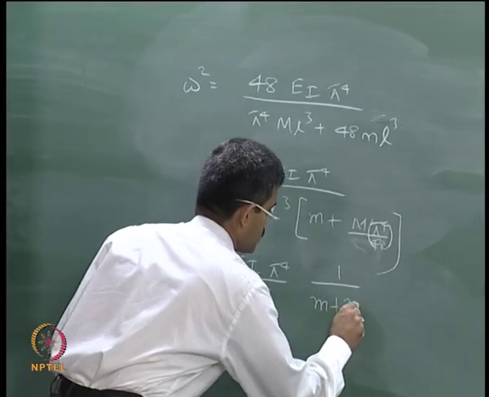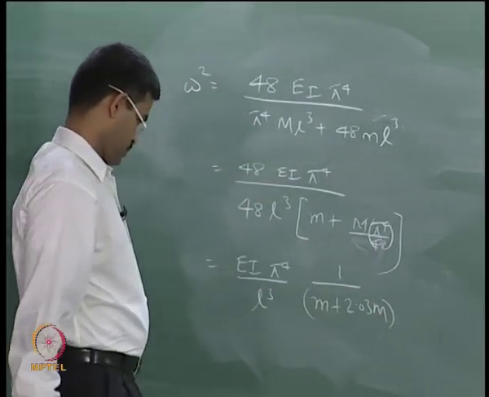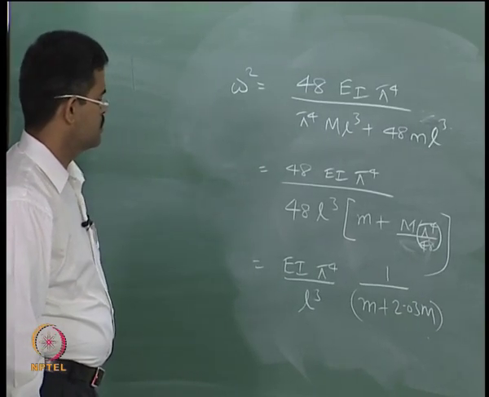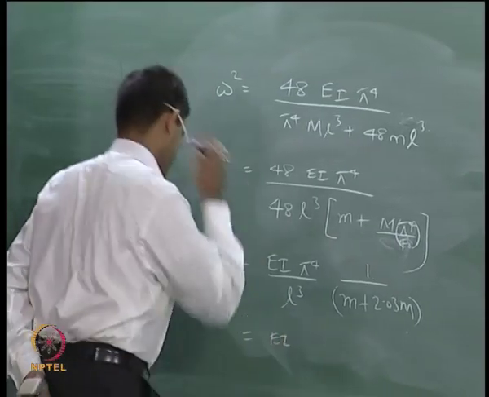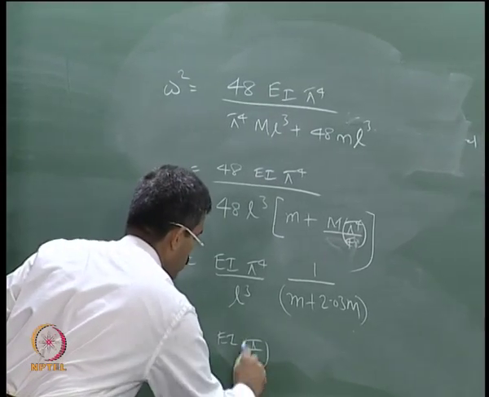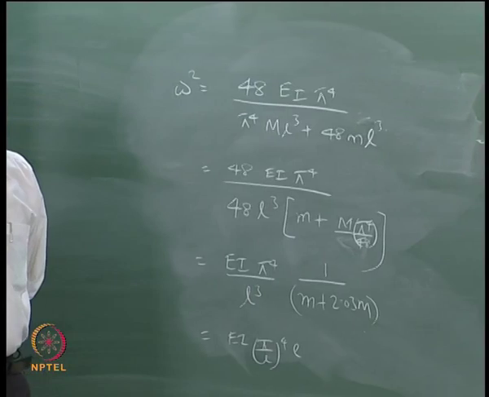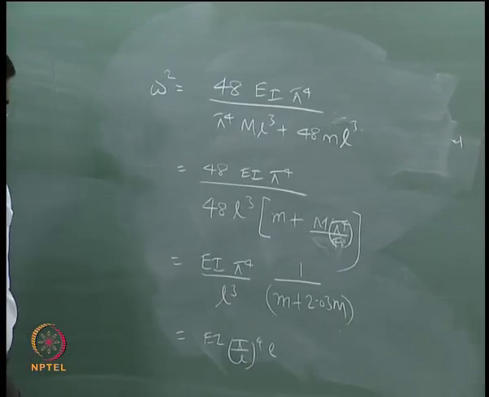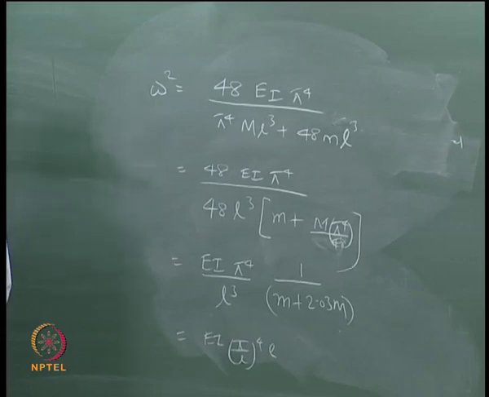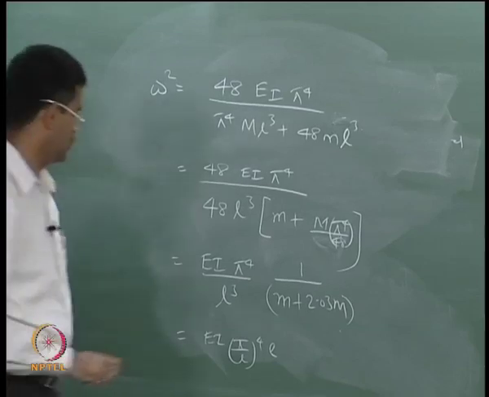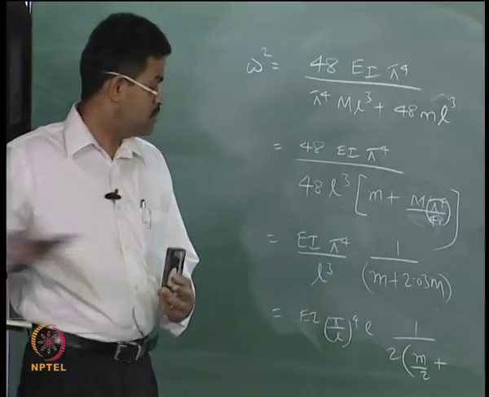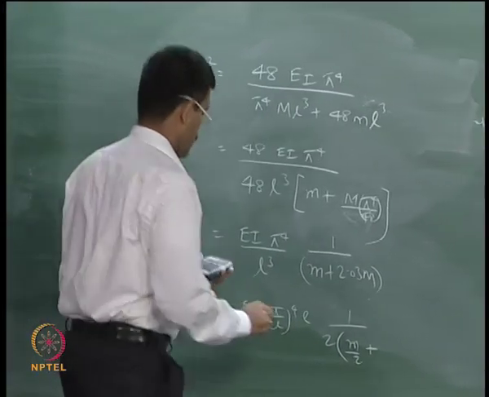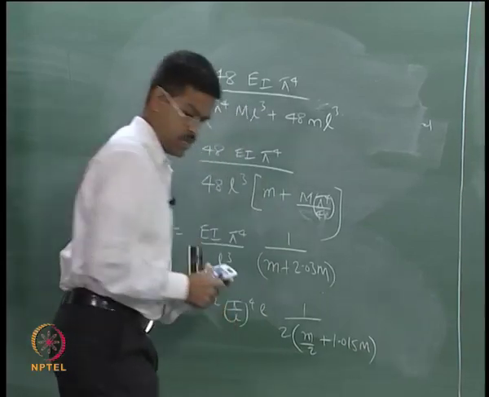So, m plus 2.03 of capital M. So, I can rewrite this again as EI pi by L the whole 4 of L, one by twice of m by 2 plus 1.015 of m. Okay, I am just taking it out.